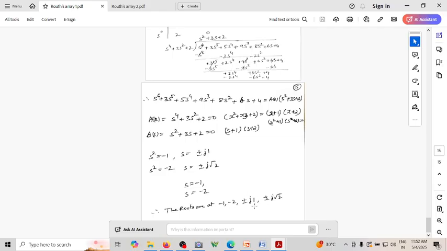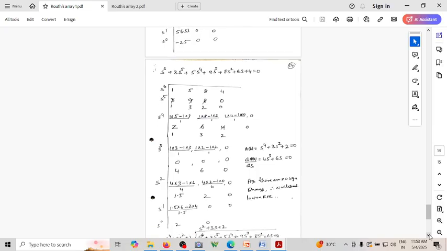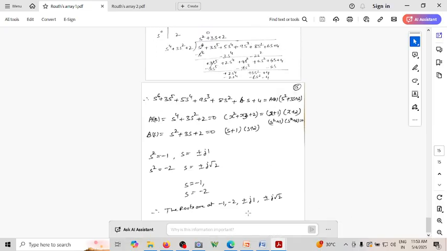You have four poles on the imaginary axis, which is at plus or minus j1 and plus or minus j root 2. The system is actually oscillatory. If you can see here, this doesn't have any sign change. You can see there are no sign changes, so no closed loop poles on the right hand side. But the poles are on the left hand side and on the imaginary axis.